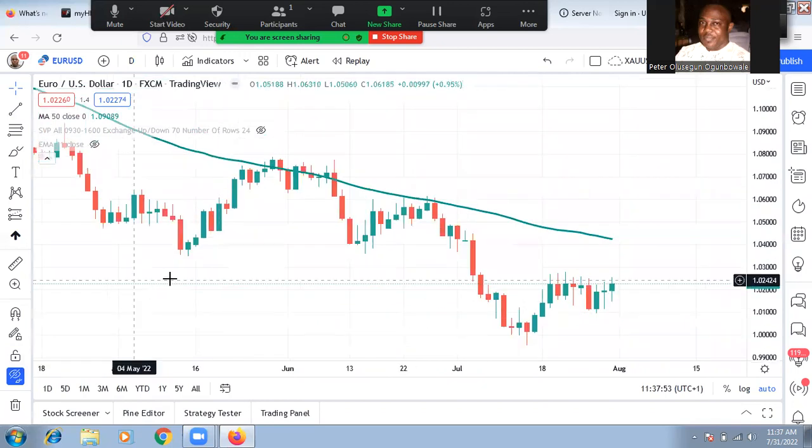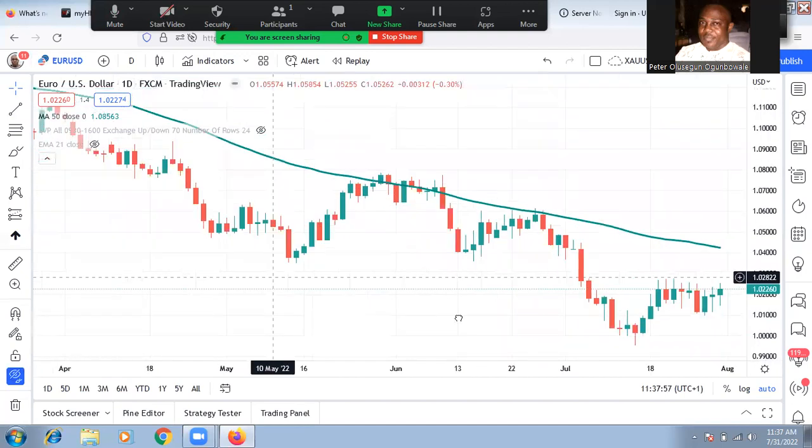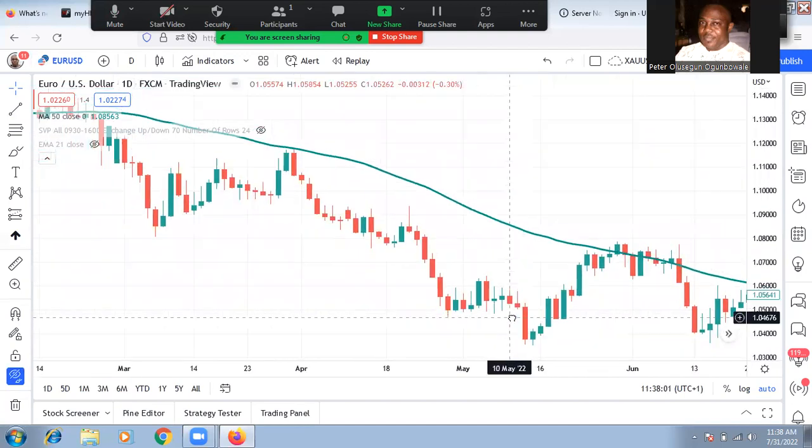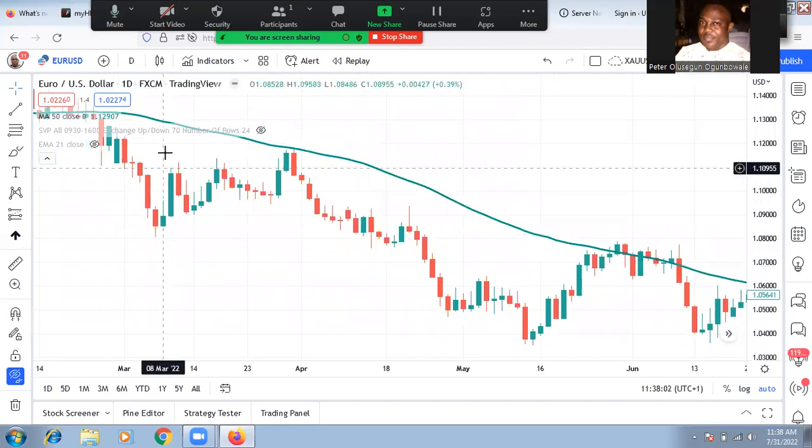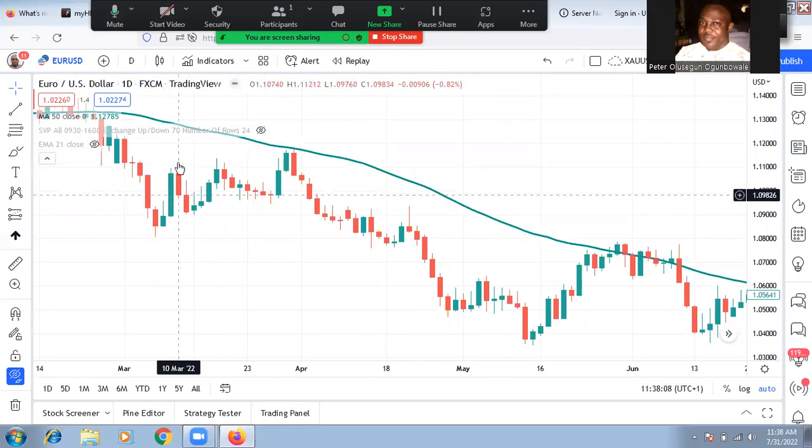In this region, after correction, let me quickly show you. See this move, this is a correction. This move is a correction.